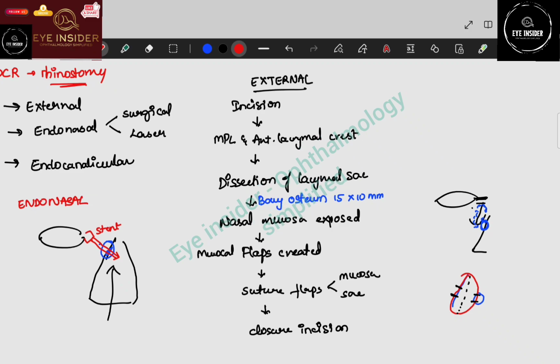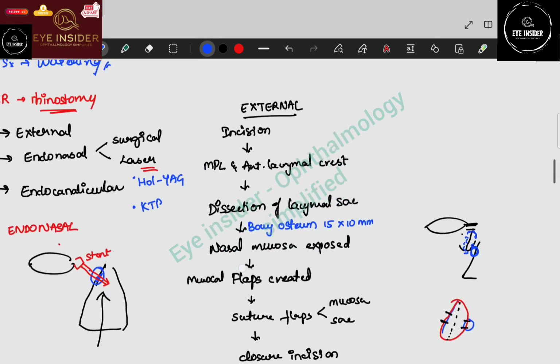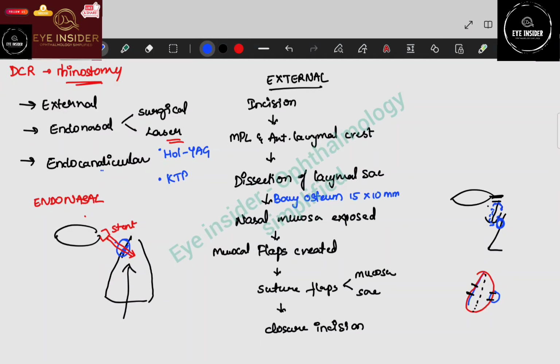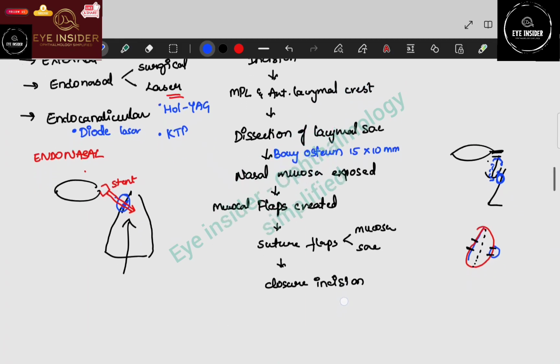And in case of laser endonasal DCR, we use a holmium YAG laser or KTP laser to create the osteum. And in endocanalicular, we use a diode laser. In this, the fiber optic cable, instead of going through the nose, will go through the canaliculus, right?